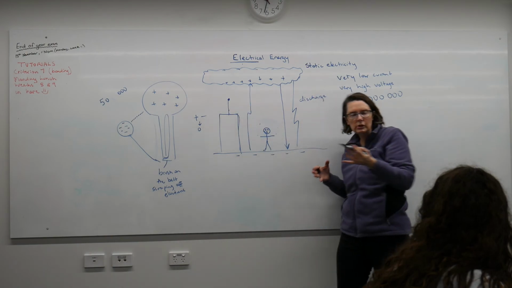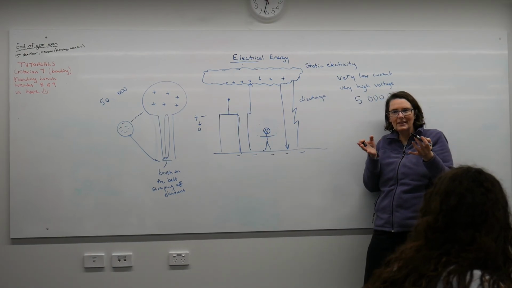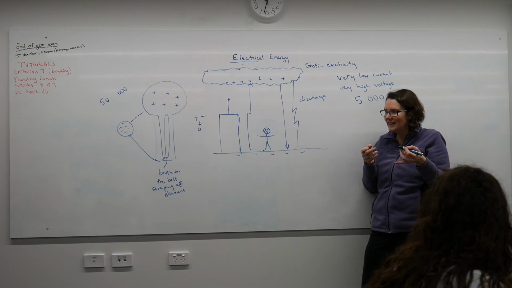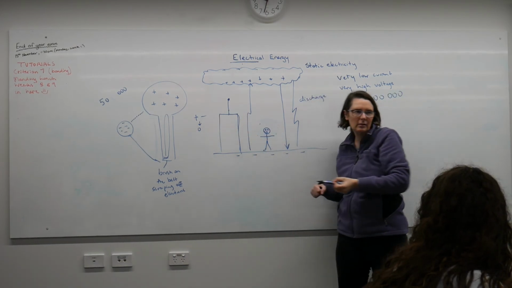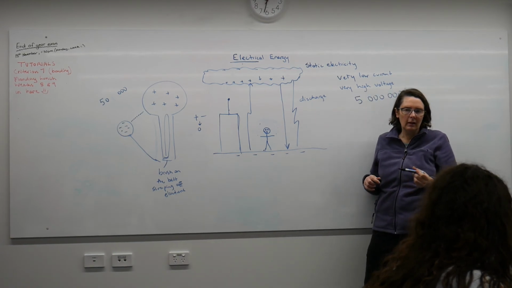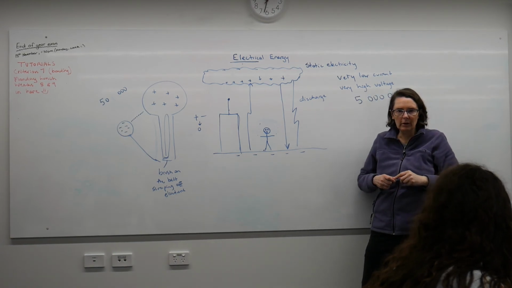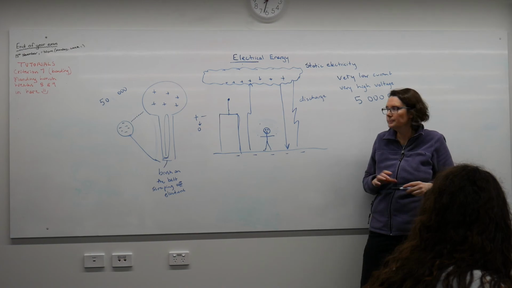The lightning rod is designed to attract that energy and then provide it with a pathway down to the ground where it's not going to be harmful.